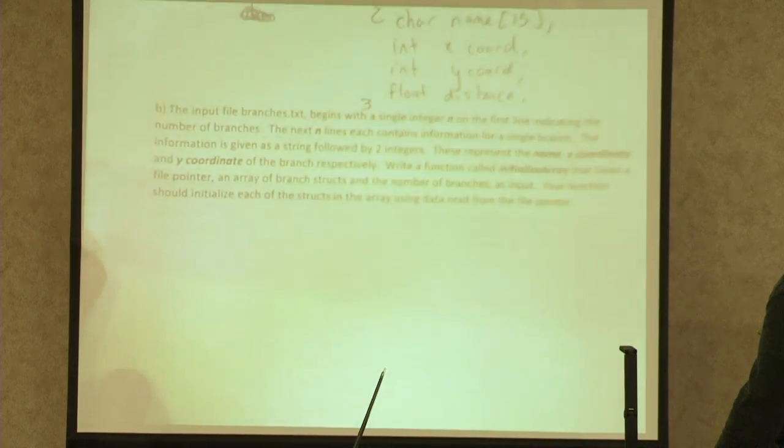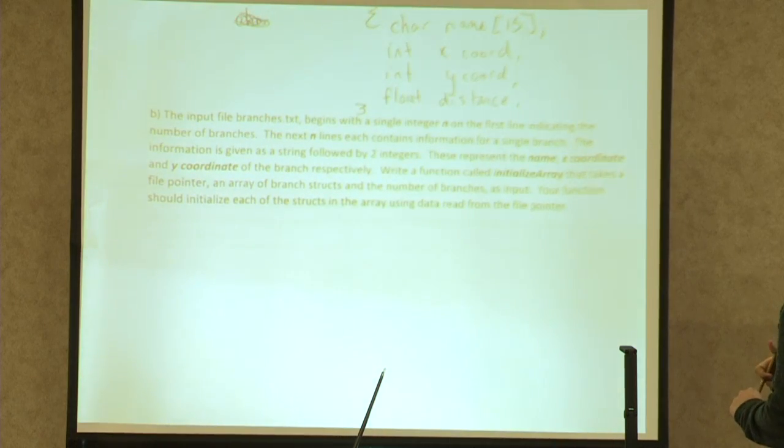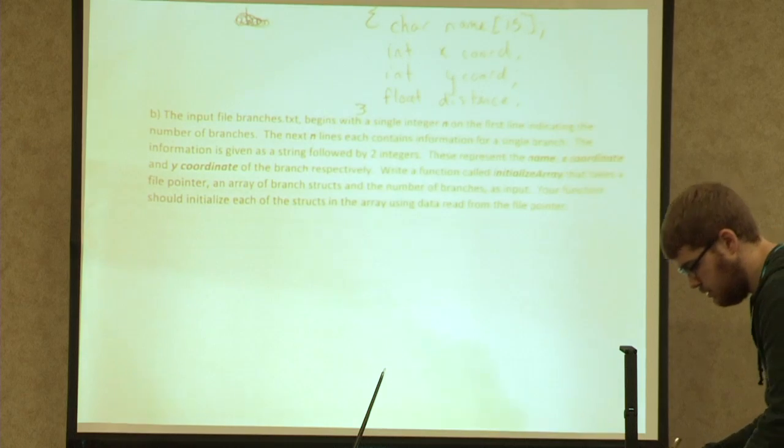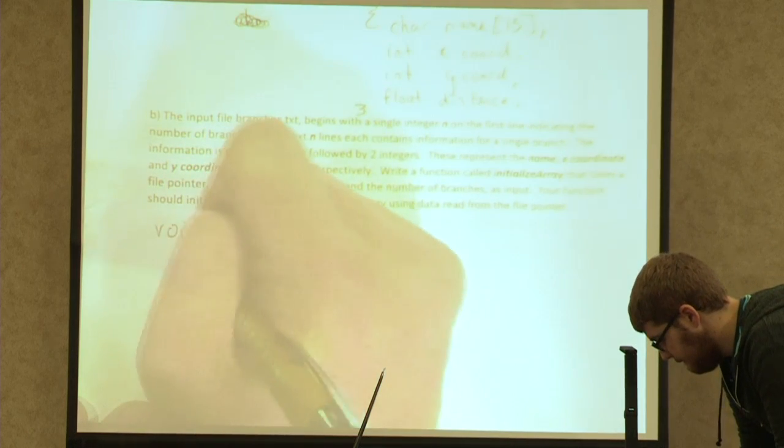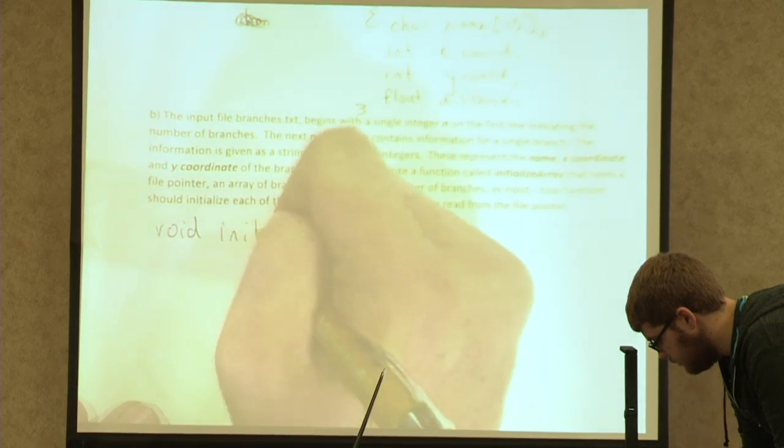So she wants us to write a function, initialize array. She doesn't say any return type, so we're just going to assume it's void. It doesn't return anything. And that's going to be initialize array.